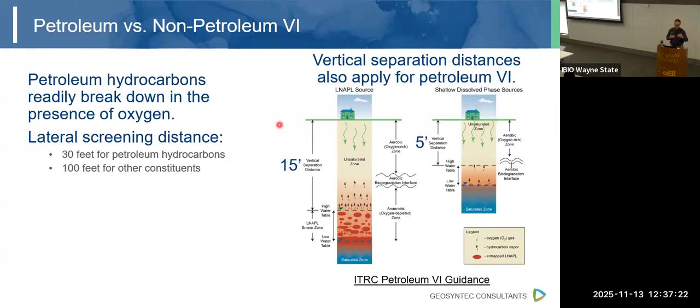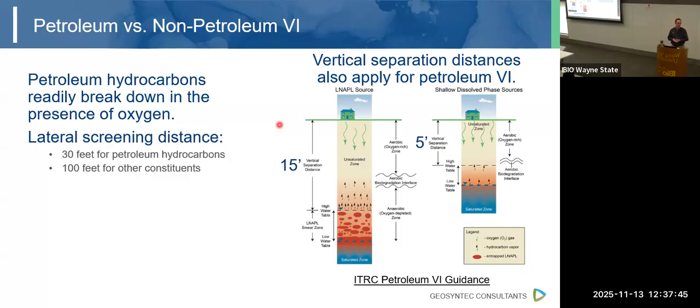It also means that there's a vertical separation distance for petroleum. So you have oxygen coming down from the atmosphere from the surface. You have vapors coming up from the source in the subsurface. And then where they meet, there's an interface where aerobic biodegradation happens.